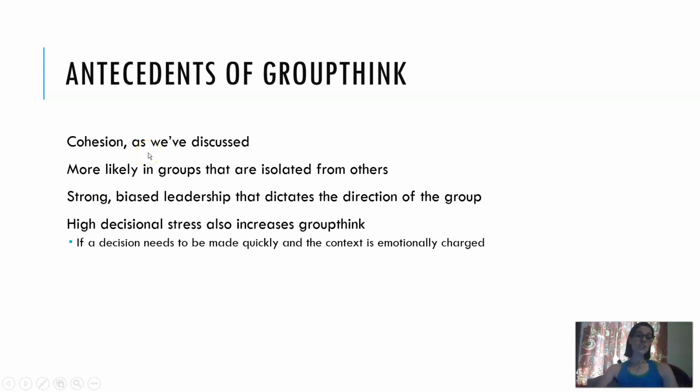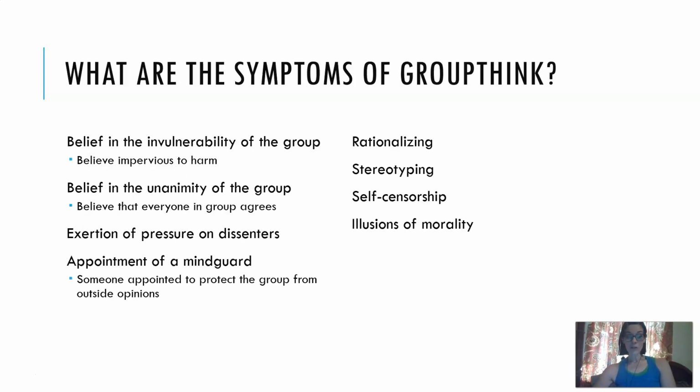As I've mentioned, these antecedents of groupthink do include strong cohesion, as we've discussed. This is more likely in groups that choose to isolate themselves from others, strong biased leadership that dictates the direction of the group, that strong, directive, authoritative leadership, and high decisional stress. If the decision needs to be made quickly, and if the context is very strongly emotionally charged, you're going to be more likely to fall into this.